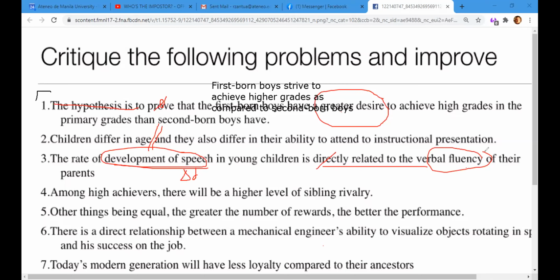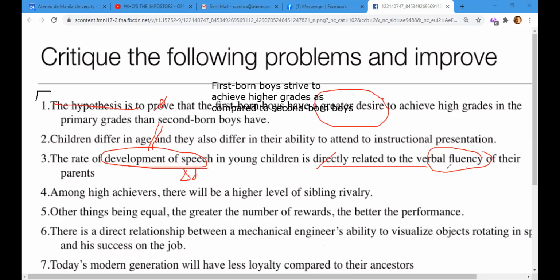So we just choose one of these to use. Parang mas sciencey pa kanya ng verbal fluency. So I want to say the rate of verbal fluency in young children is directly related to the verbal fluency of their parents. Sure. Good catch, RM. So binasa ko lang naman yung writing problems ni Ma'am Jean.